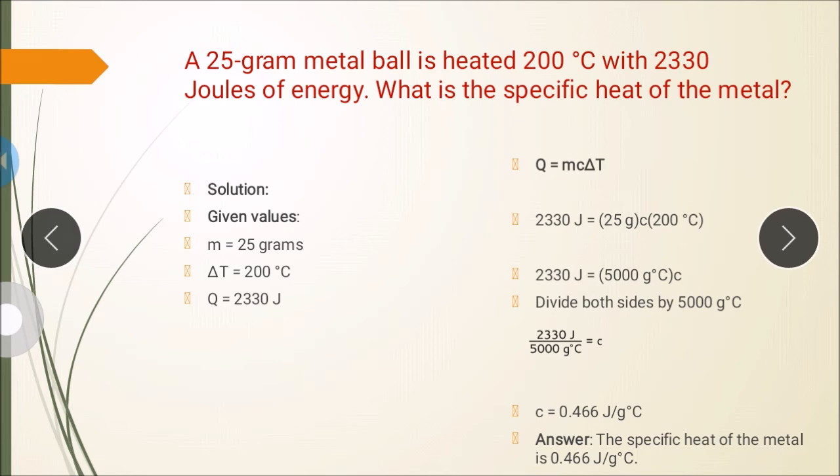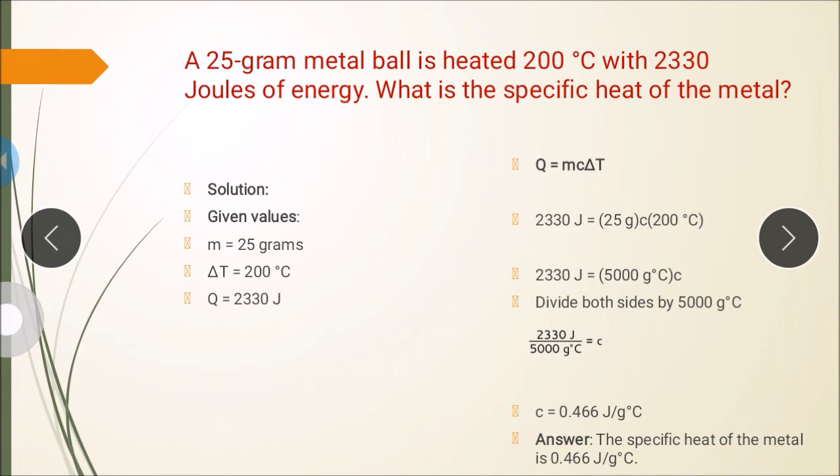So what are all the things given in the problem? m is 25 grams, the mass of the metal ball, change in temperature is 200 degrees centigrade, and Q is 2330 joules.